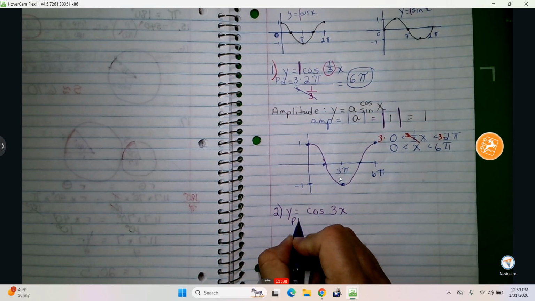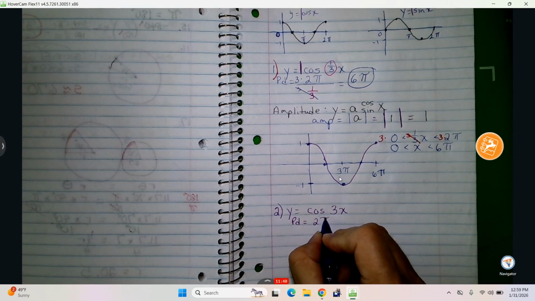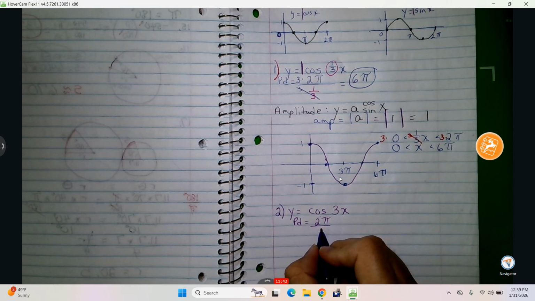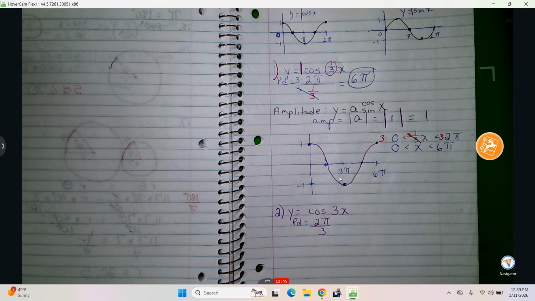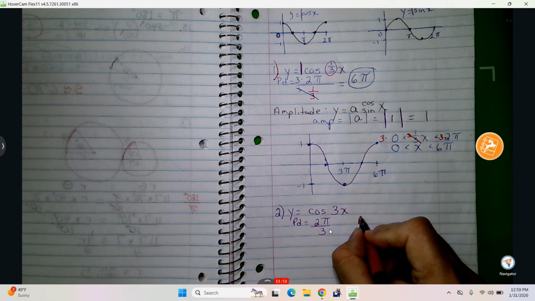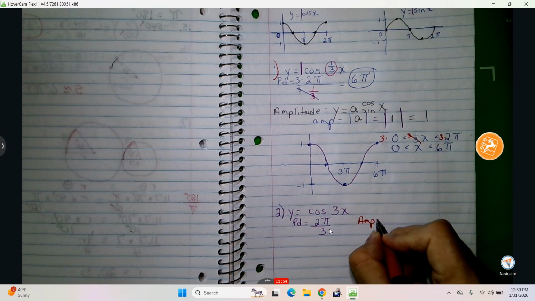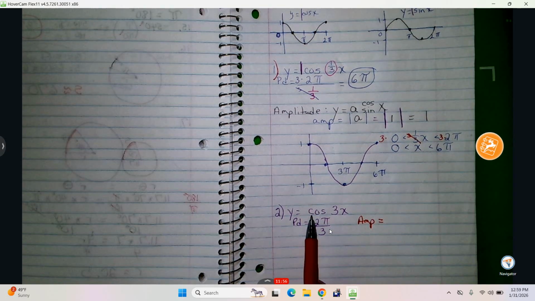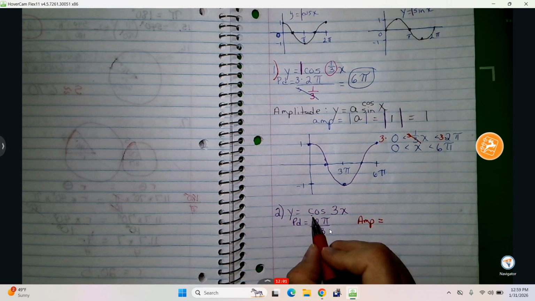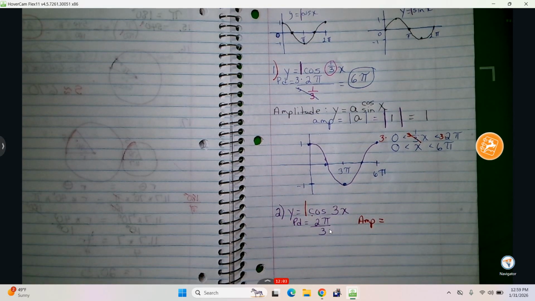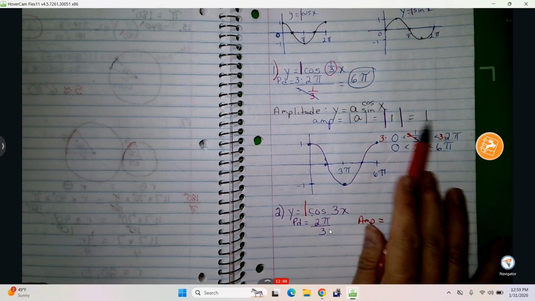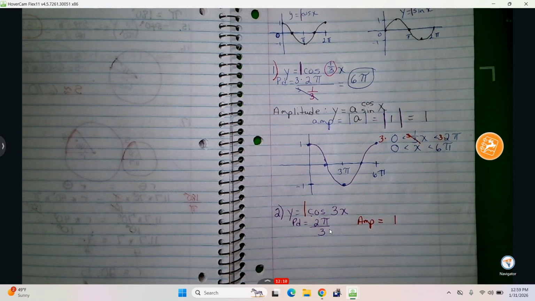The period is 2 pi over the coefficient of x, 2 pi over 3. Let's go ahead and state the amplitude. Amplitude is the absolute value of the number that cosine is being multiplied by. Well, the cosine function is just being multiplied by 1. Absolute value of 1. It's still 1, so it's just like the one we just finished doing.